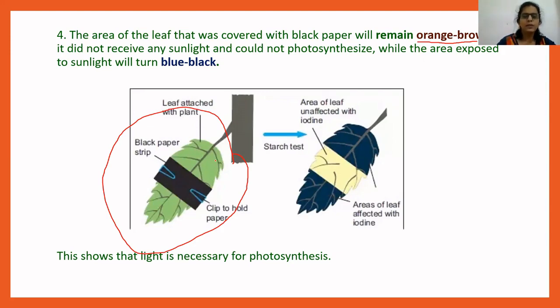This part has received sufficient amount of sunlight to perform photosynthesis, so it will turn blue black, and the part of the leaf which was covered with the black paper will remain orange brown or yellow, or you can say brownish yellow or yellowish brown color. So this experiment proves that light is necessary for the process of photosynthesis.